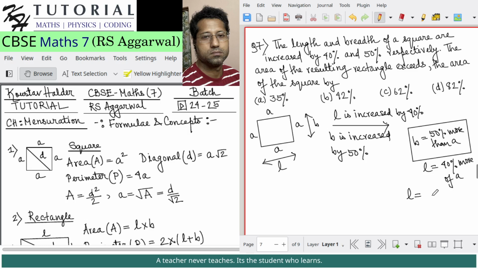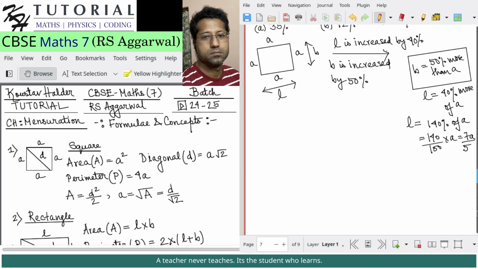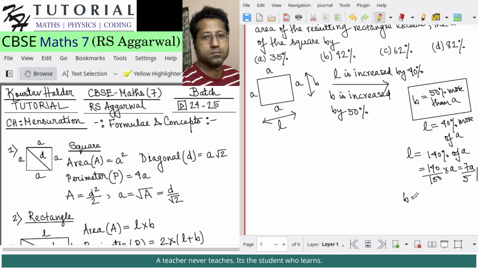So for the rectangle, the length will become 40% more than A, which means 140% of A, which is equal to 140 by 100 multiplied by A, which after simplification will be 7A by 5. 7A by 5 will be the length of the rectangle, and its breadth will be 50% more than A, that is 150% of A, which is equal to 150 by 100 multiplied by A. After simplification this will be 3A by 2.